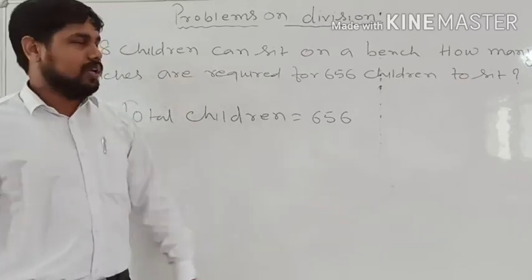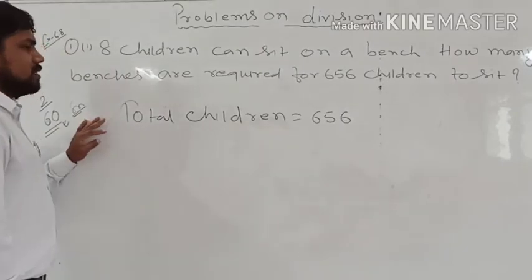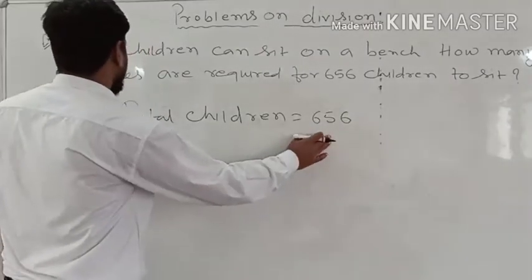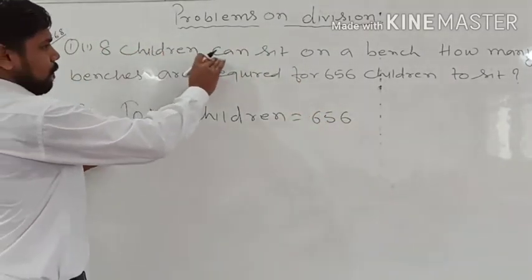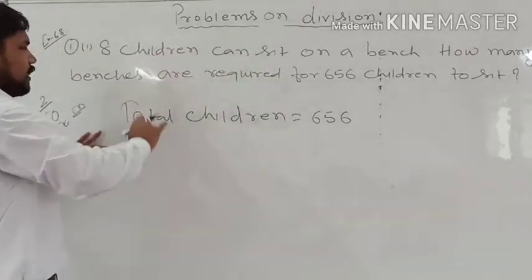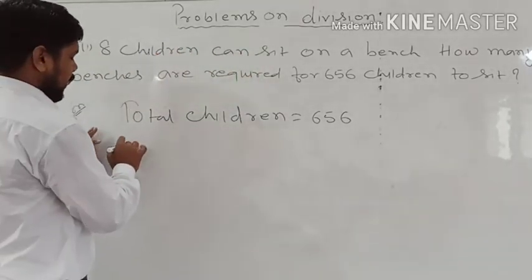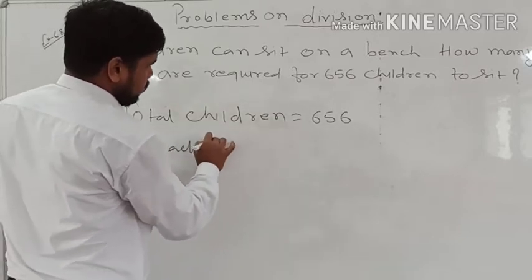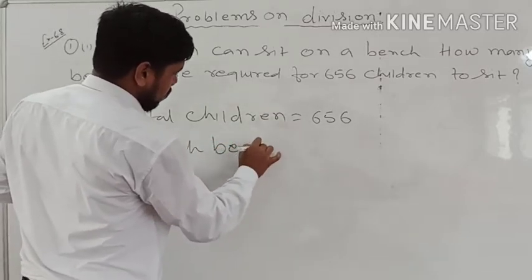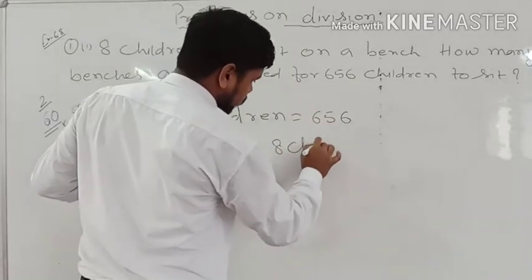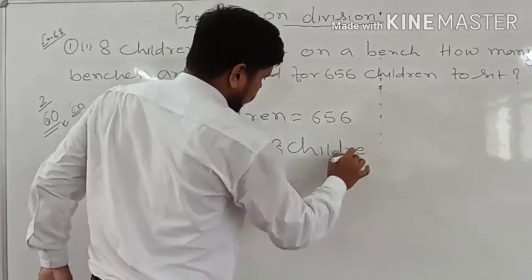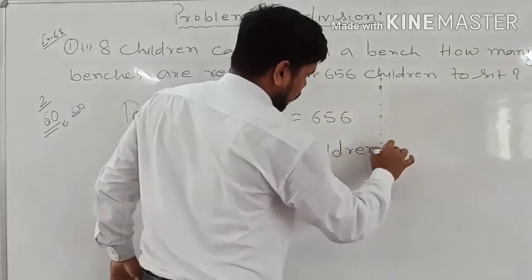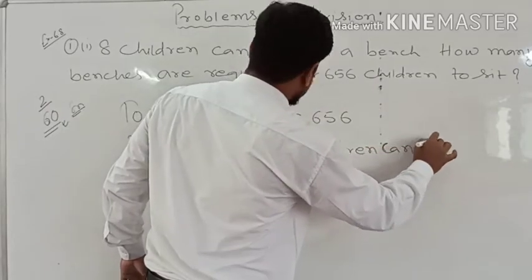ठीक है. So here we have total children is equal to 656, and in each bench 8 children can sit.